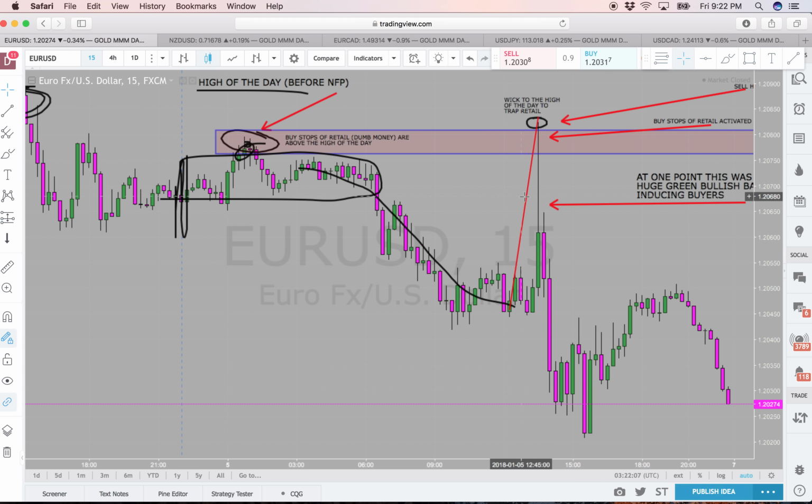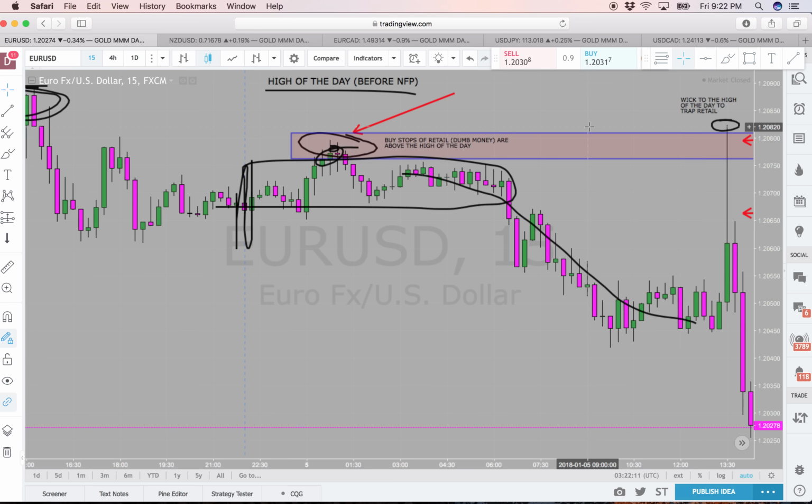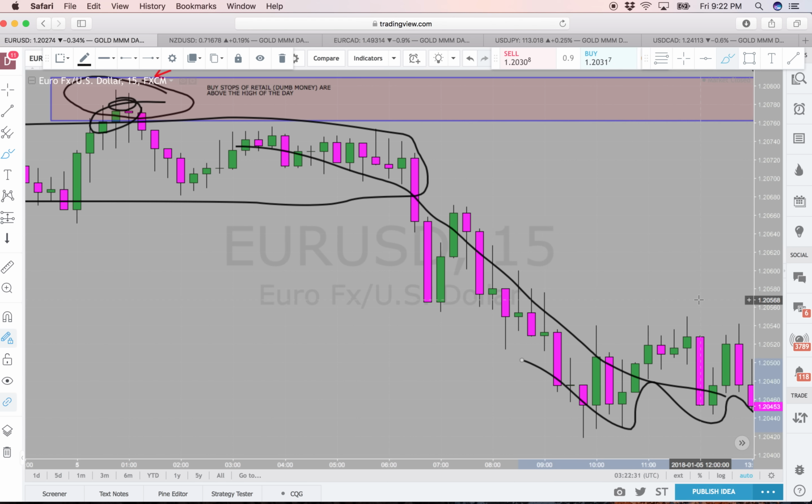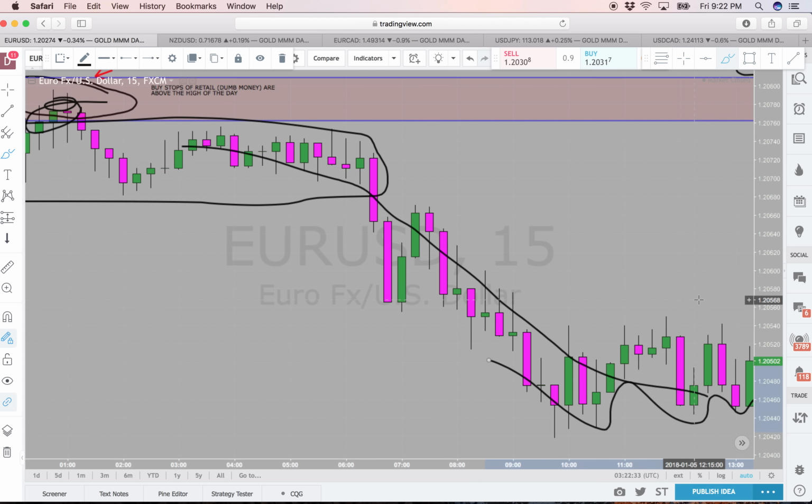Now, why did I expect price to do that? To spike up to the high of the day, basically, and come back down. So we can see the W formation, triple bottom here, right before the announcement for NFP.